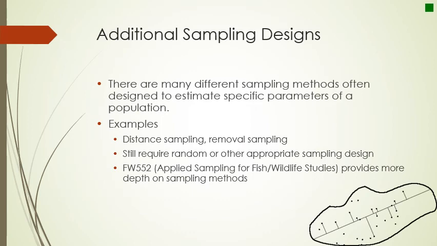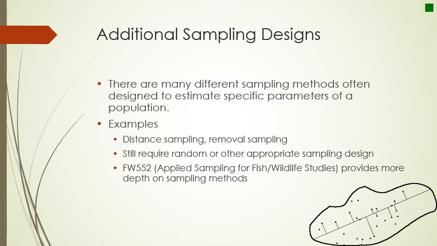There are lots of different methods that can be used to estimate specific parameters from a population. Distance sampling is used to estimate the abundance of everything from marine mammals out on the ocean to birds in the forest. Removal sampling is an approach that's often used in estimating fish populations, where you go in with a seine, maybe catch a number of fish, count how many you catch, put them in a bucket, go and do it again.